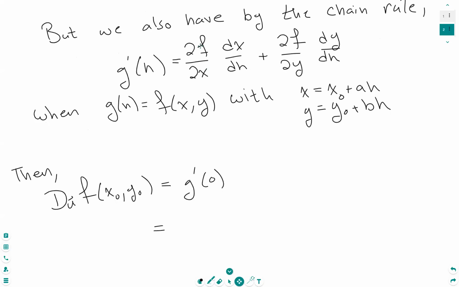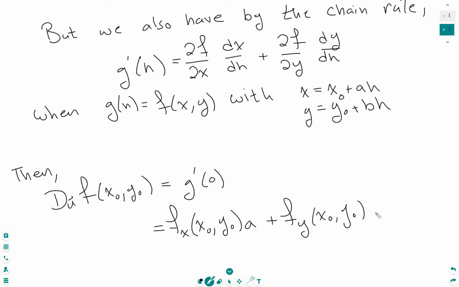If we plug in 0, this is partial f partial x, so we can just write that as fx, at h equal to 0. So we plug in h equal to 0 and we just get x naught and y naught. And then dx dh is just a, plus we have partial f partial y evaluated when h is 0, so we just get f sub y at x naught and y naught. And then we have dy dh, which will just be b.